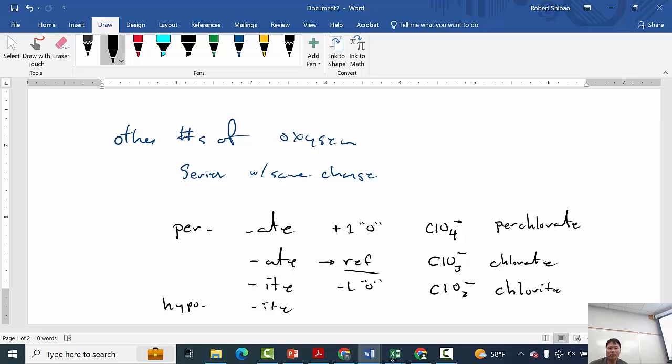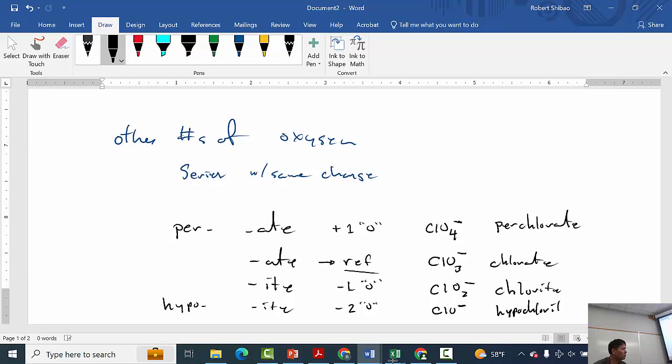The hypo-ite would be -2 oxygens from the reference. And so if we start off with chlorate and go to hypo-ite, then we lose 2. Or if we start off with chlorite and go to hypochlorite, we lose 1. And so we're at 1 oxygen. We don't write the number 1 as a subscript or on the charge. So this is just ClO minus, and this is called hypochlorite.